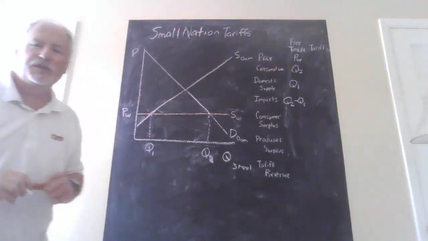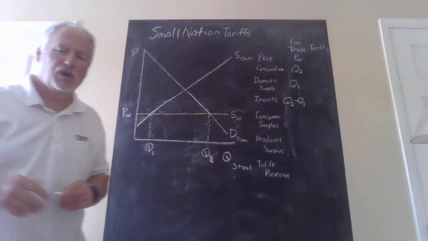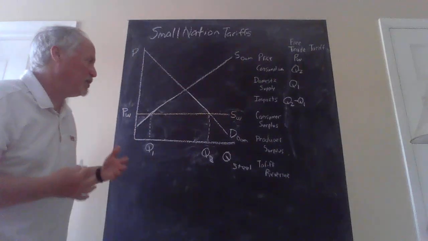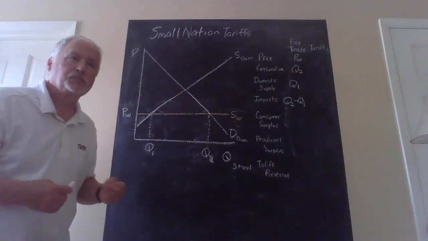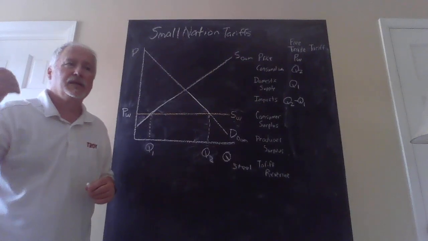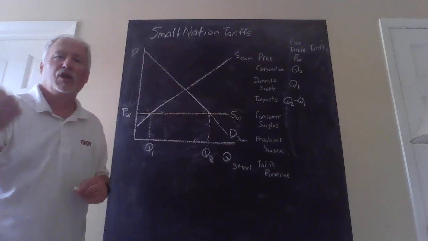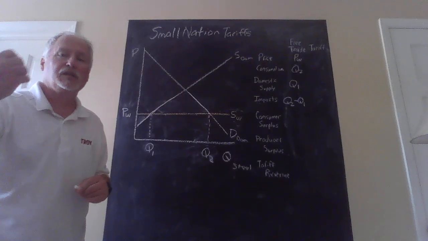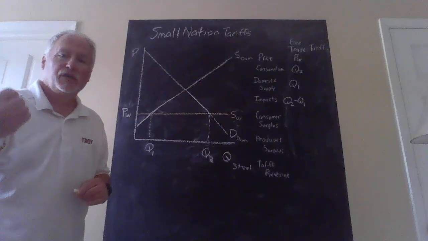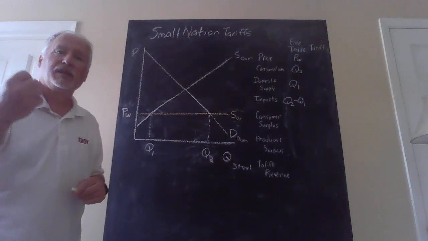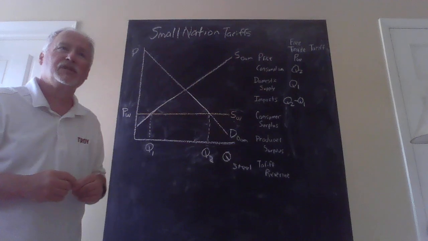And we'll hold off on consumer and producer surplus because we want to first draw in what's going to happen with the tariff. A tariff is a commodity tax. In principles of microeconomics, when we go over a commodity tax, we say that if you impose it on the sellers of the good, that would shift the supply curve up by the amount of the tax.